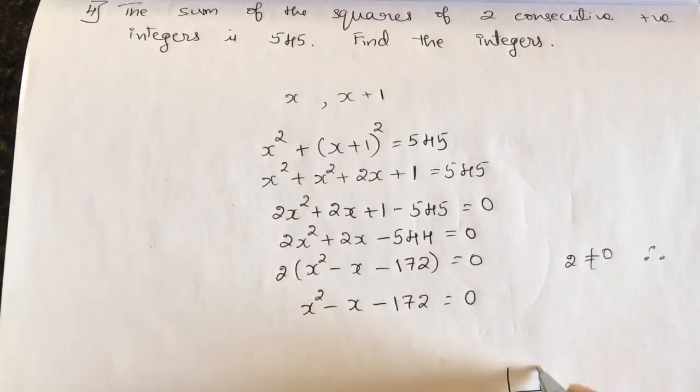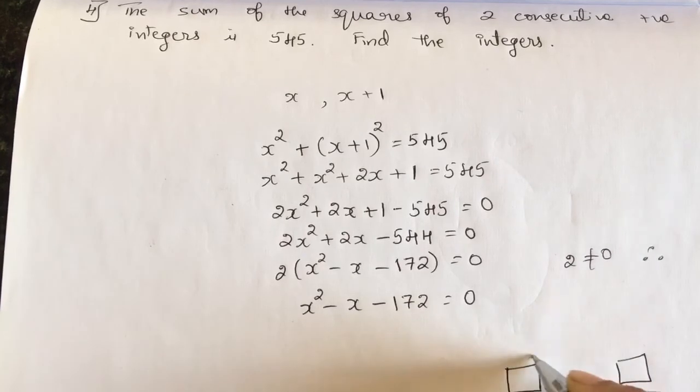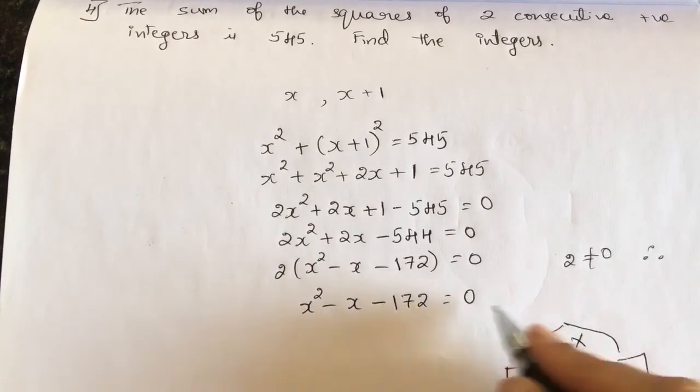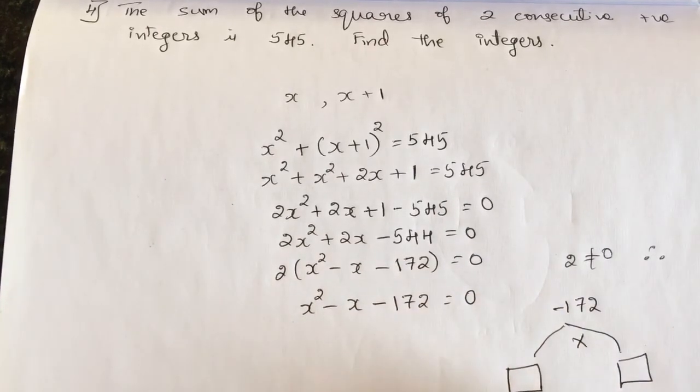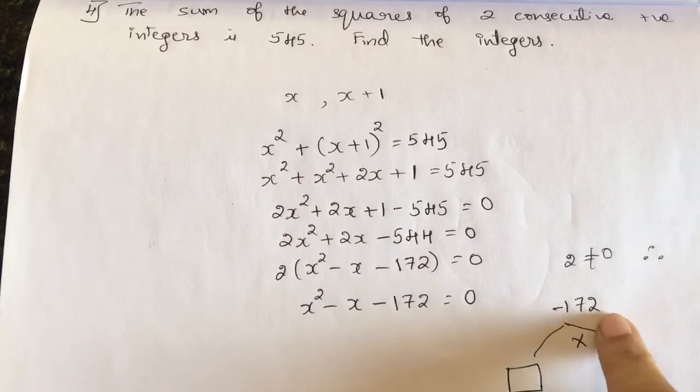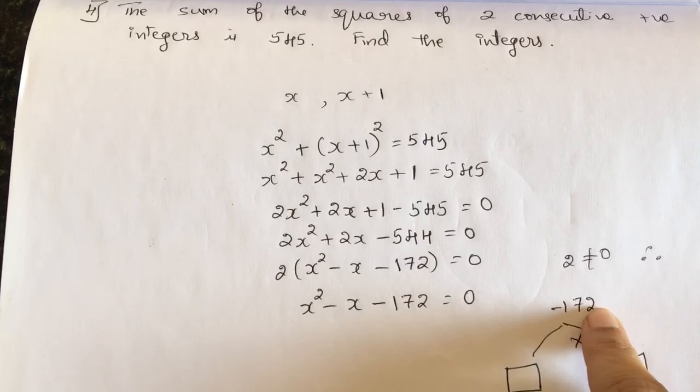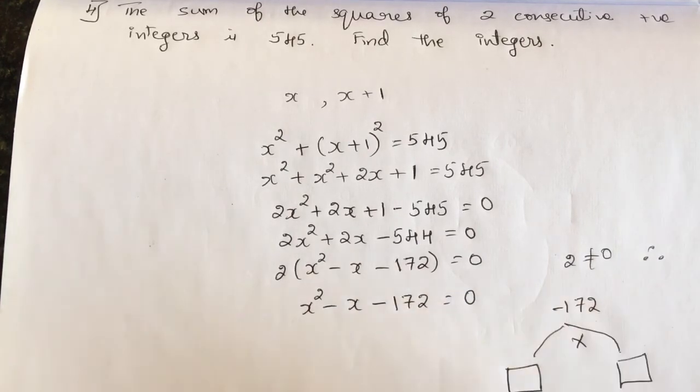Two numbers should give me the product as minus 172 and the sum as minus 1. It comes out to be 16 and 17, I guess. Yes, 16 and 17, but I want negative sign for this also, for this also.